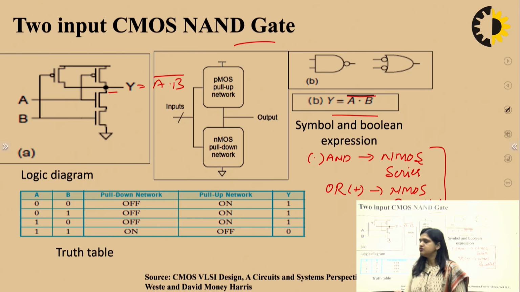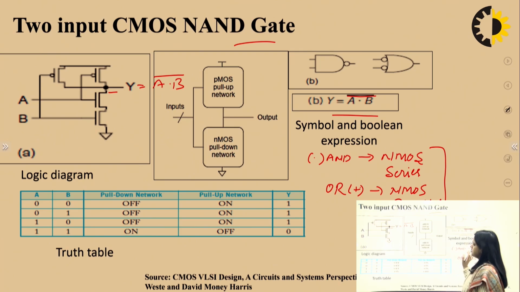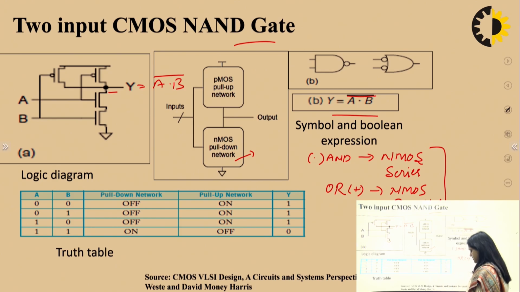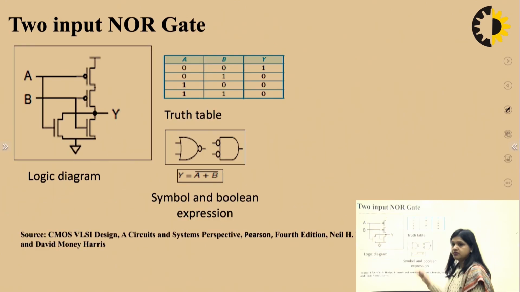By using this concept, we can implement any Boolean expression. So my suggestion is, first implement the NMOS network, and by seeing this NMOS network, you can design the PMOS network. Okay. Let's see one more implementation. This is the 2-input NOR gate. For the NOR gate, we know that this is the OR operation.